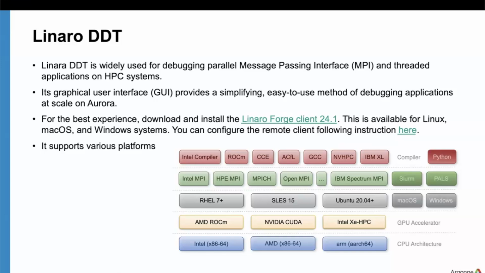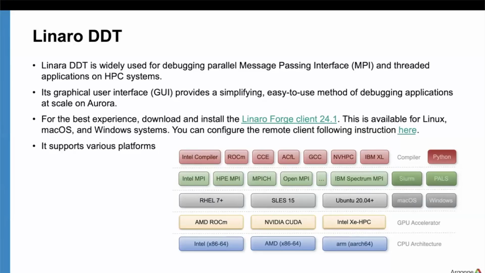Its graphical user interface provides a simple, easy-to-use method of debugging applications at scale on Aurora. On many systems, people can use 10% or 20% of the system with DDT. So it's pretty scalable and the user interface is very intuitive.